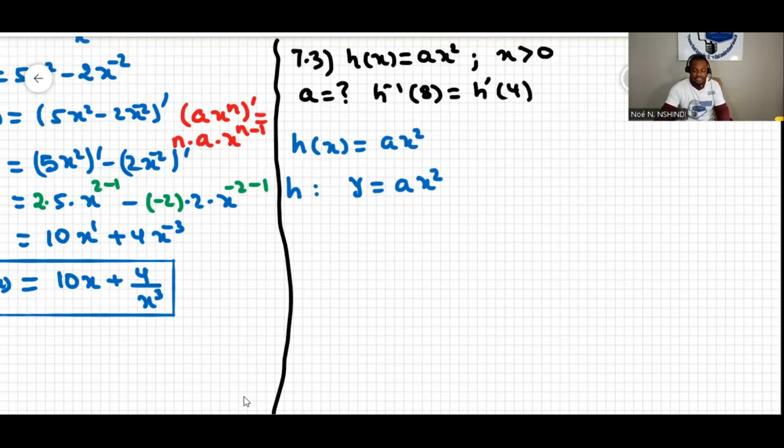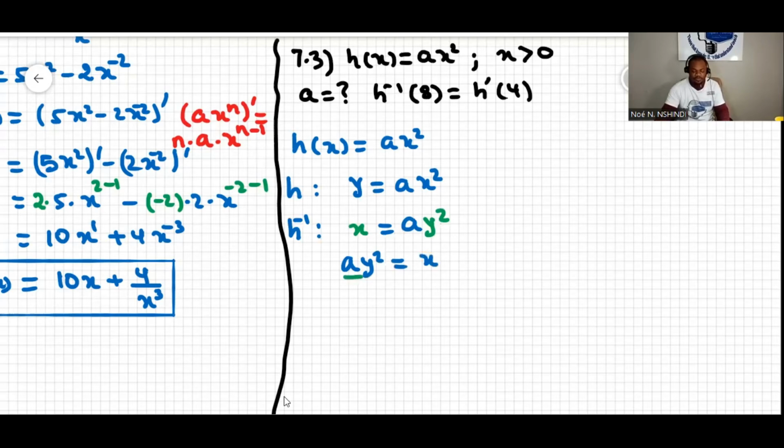Now, h minus 1 is the inverse. It means we switch the variables x and y. So I'm going to call y x, and then I'm going to call x y. So it's like x is equal to a y squared. Now I am going to make y the subject of the formula. So a y squared equals x.